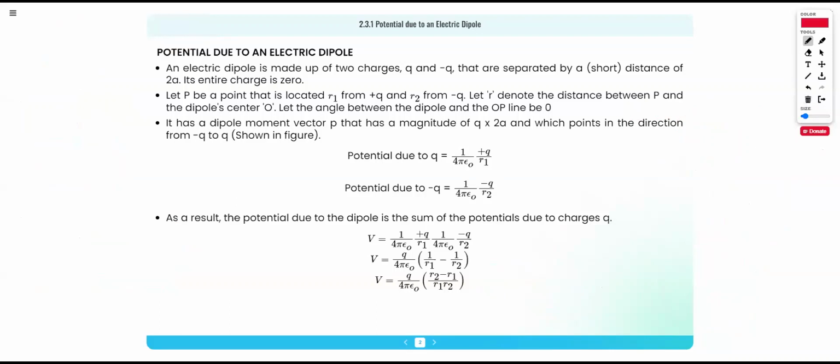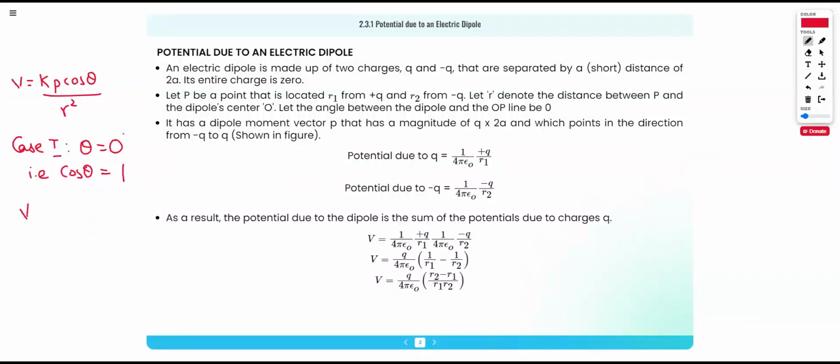In the first case, if theta is 0, what will be cos theta? Yes, if theta is 0, cos 0 is 1.